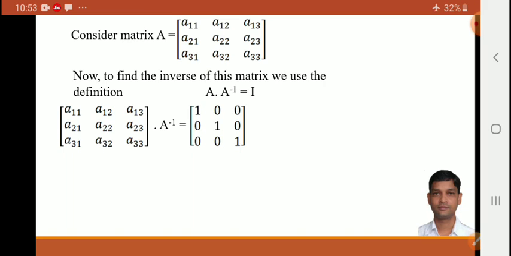Row transformations means you can add any two rows, or you can subtract two rows, or you can multiply one row or column by any non-zero scalar. That row or column transformation we are going to use here.